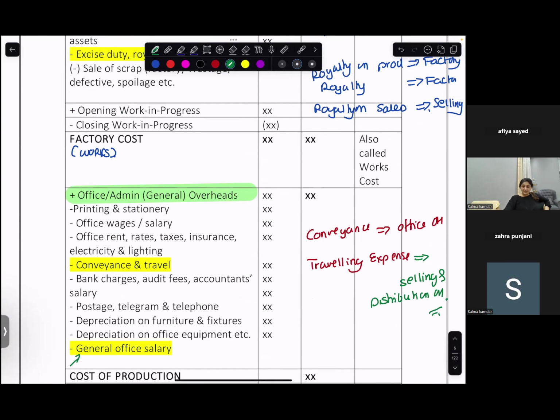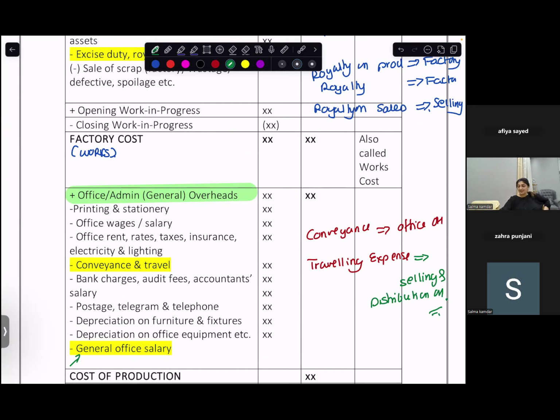Conveyance comes in office. Conveyance means you're paying someone so that it becomes convenient for him to come to the office. And traveling expenses? Traveling is to travel to sell the goods.